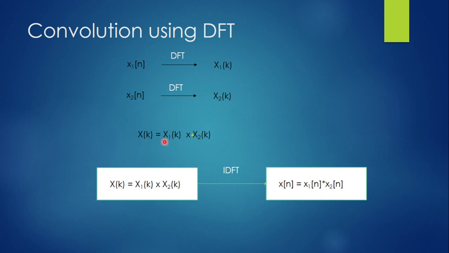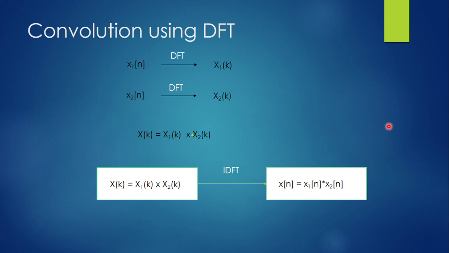Just multiply the two DFTs, DFT of x1n and DFT of x2n. Then take the inverse of that multiplication of these two DFTs. The signal that you get in the time domain will be the convolution of x1n and x2n. So this is one of the methods of finding the convolution.